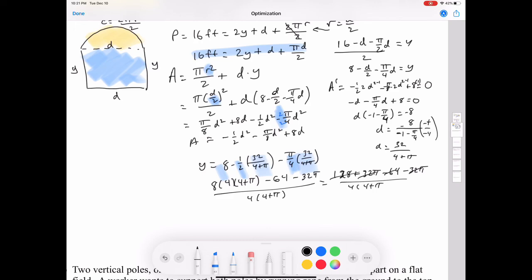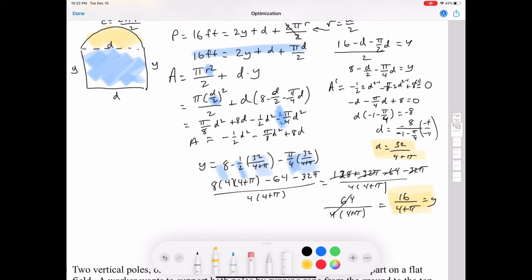We're left with 128 minus 64 is 64 over 4 plus pi. The 4's divide out, and it's 8. Not 8, I'm sorry. 16 over 4 plus pi. And that's our y value. So our dimensions are d, from diameter, and my y is 16 over 4 plus pi.